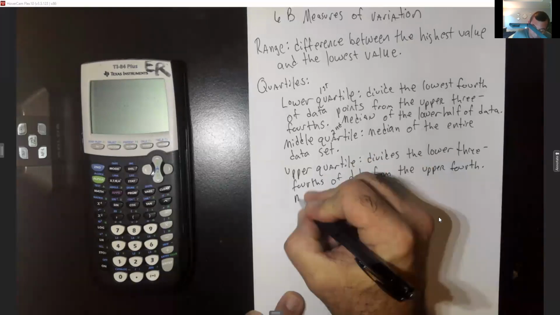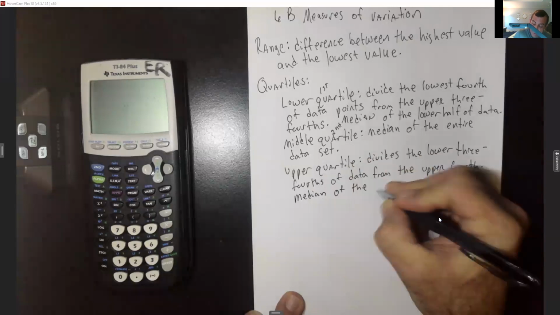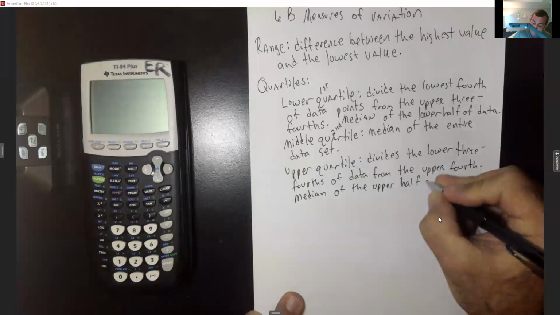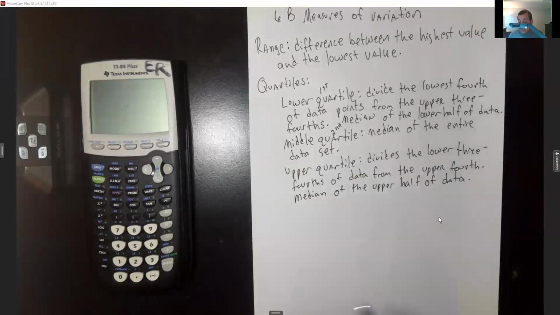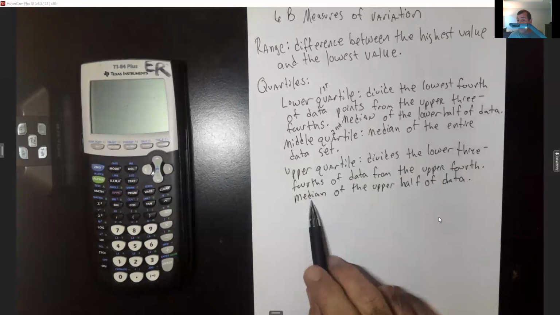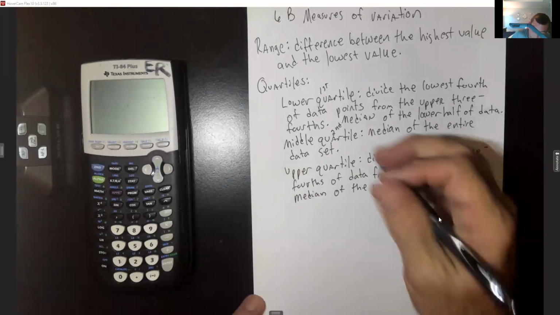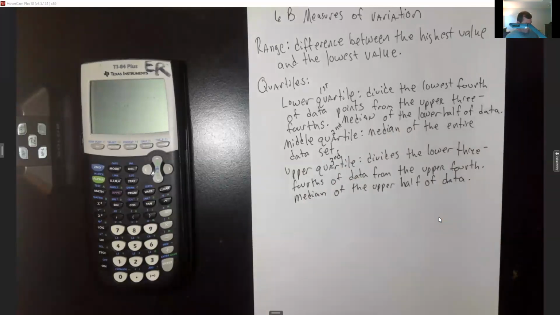So basically, I can find these quartiles by doing medians on them. And this upper quartile could be known as the third quartile.